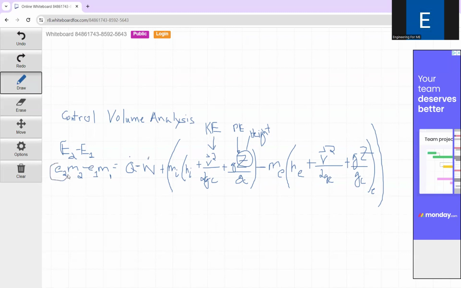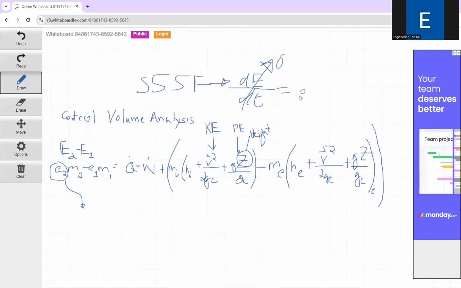There's also, you're probably wondering, what is this? What is that technically? If it's a steady state, steady flow problem, it'll mostly be like a rate. State flow, and this is going to be 0.